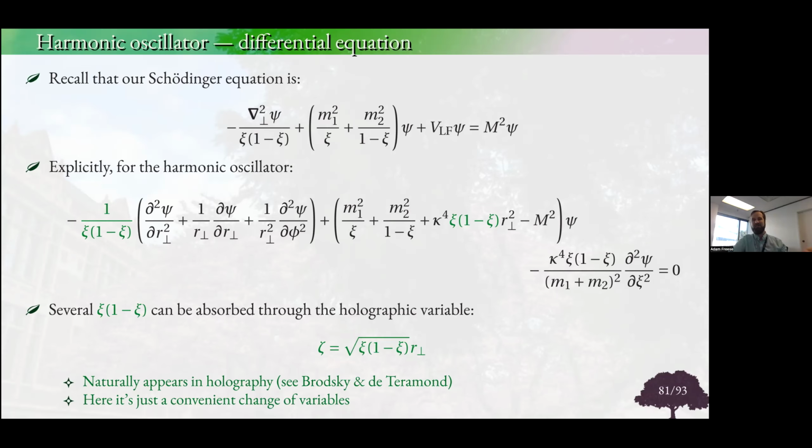Brodsky and de Teramond are really big advocates of it. I don't understand it myself, so I can't comment on it. I just know that this variable appears in their work a lot. But within the context of just working in four-dimensional space-time, it just seems to be a convenient change of variables. Okay, thank you. Sorry that I can't say more. Holographic QCD is not something I really know anything about.